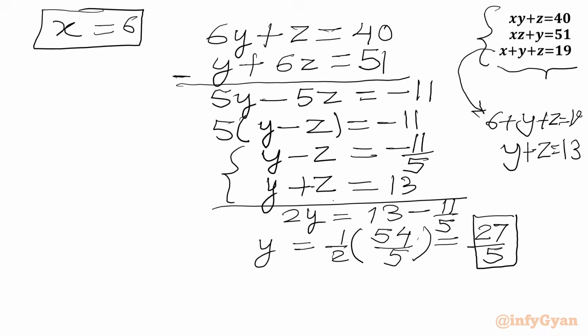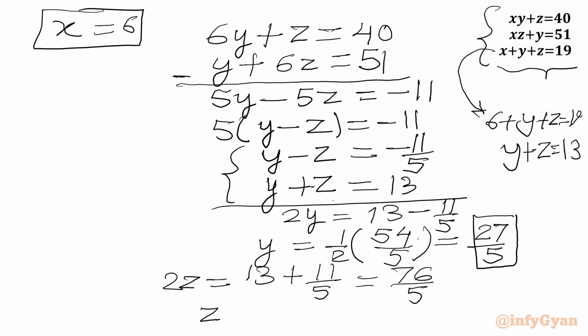Now we will subtract first equation from second one. So we will write here 2z will be equal to 13 minus of minus 11 over 5. So plus 11 over 5, which we will simplify and write 65 plus 11, 76 over 5. Now we will divide both sides by 2 and get z. 76 over 2 is 38.